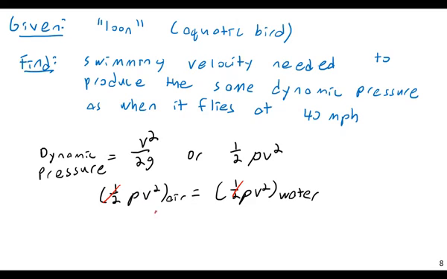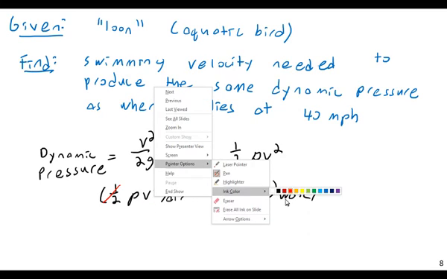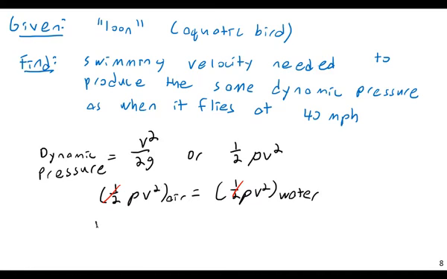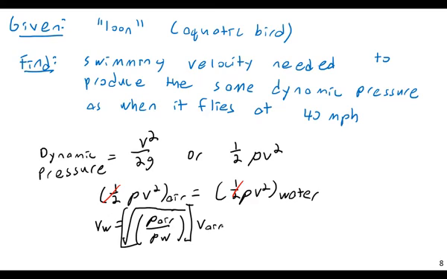And I can simply, by very basic algebra, find that v water is going to be equal to rho air divided by rho water to the 1/2 power, or just the square root of that, times the velocity of air. Make clear that the v is not in the square root. Just times the velocity of air here.